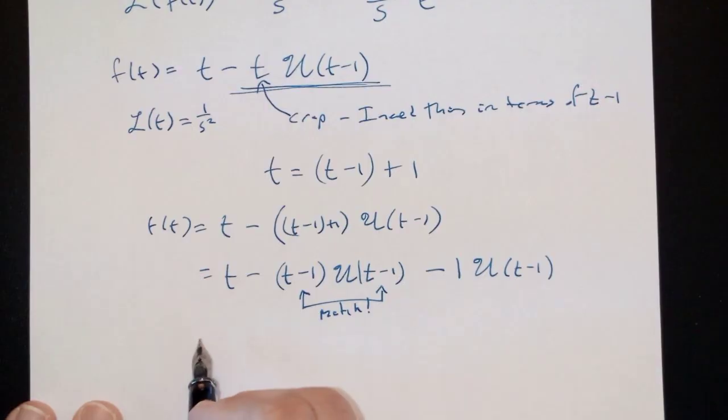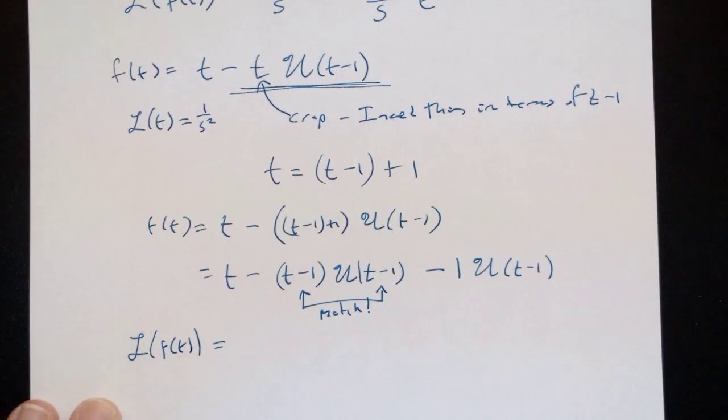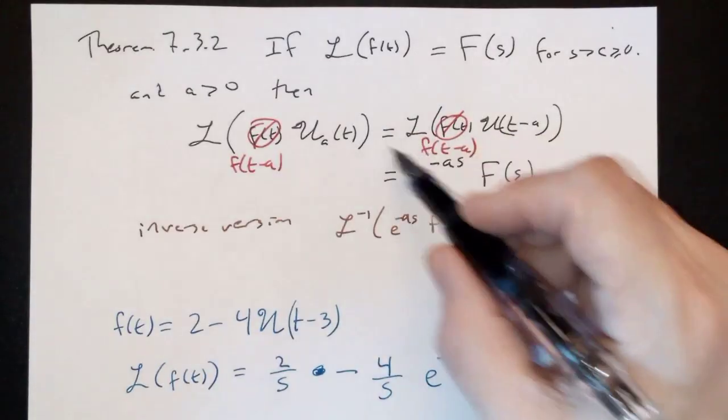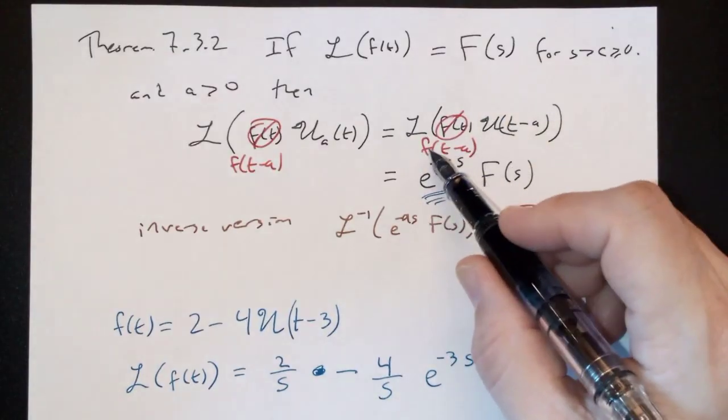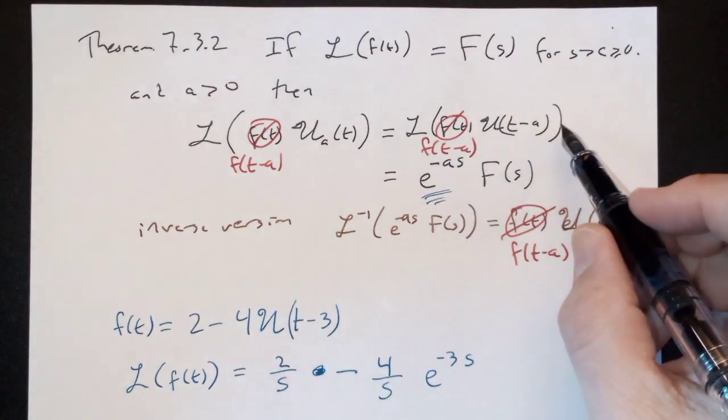So the Laplace transform of t is 1 over s squared. What do I get here? This is this part right here. t minus 1, u of t minus 1.